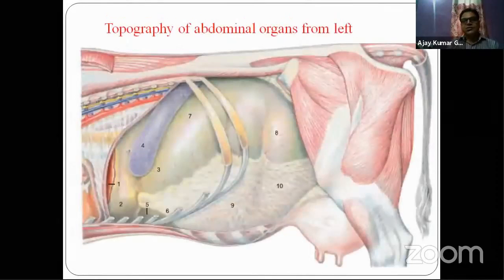Now just a quick look at the topography of organs from the left side and from the right side of the bovine abdomen. On the left side, you can see the reticulum, which is roughly located between the 5th, 6th, and 7th intercostal spaces.